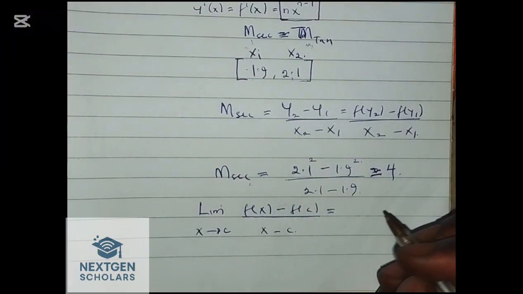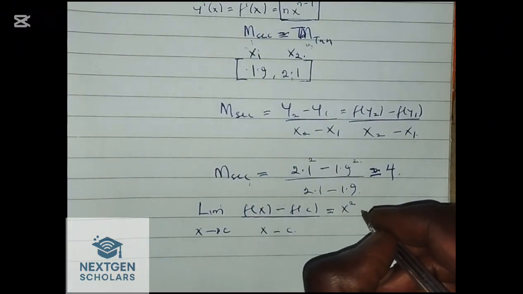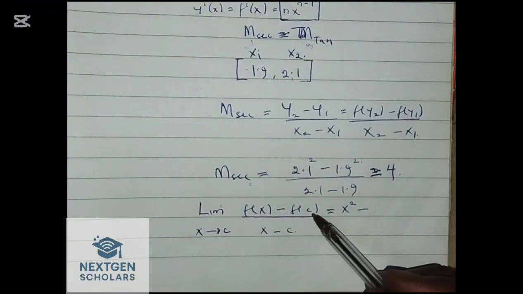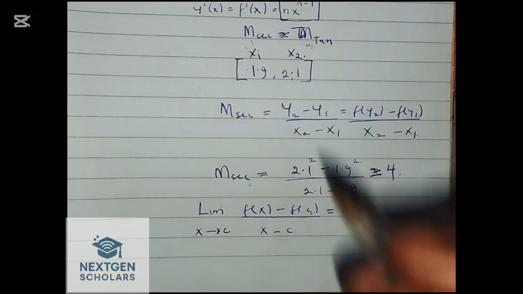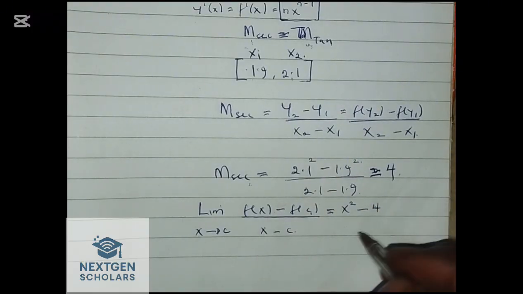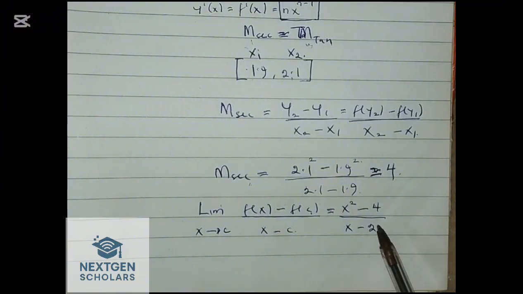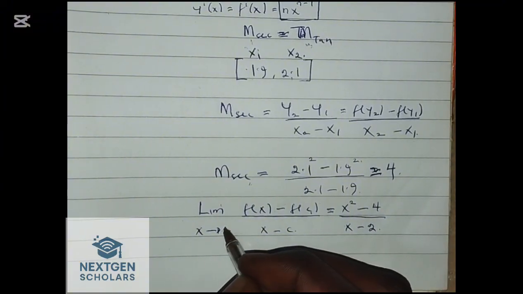Now, what is f of x? f of x is your function, which is x squared, minus f of c. Our f of c is found by putting c as 2 in the equation, which gives 2 squared, which is 4, all over x minus 2. Now this is a difference of 2 squares, and our x is approaching 2.